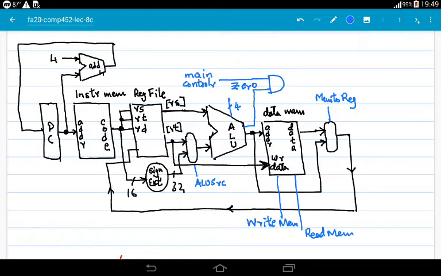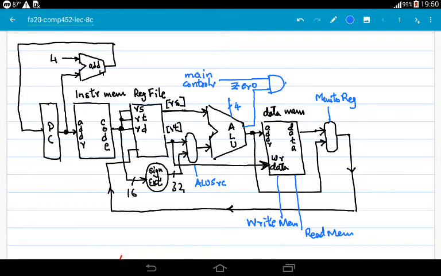and if this signal is 1, it means that the instruction is a branch instruction, and if this zero signal is 1, it means the result of the subtraction operation is 0.